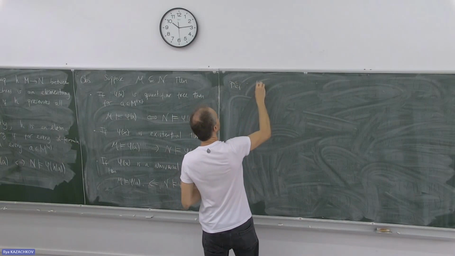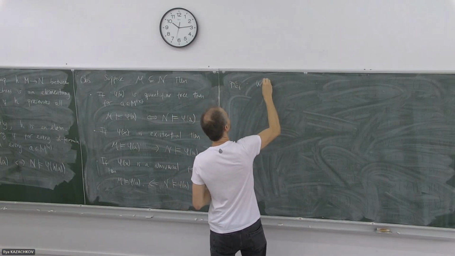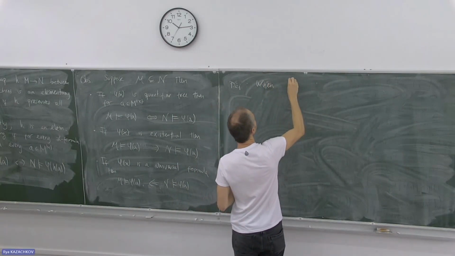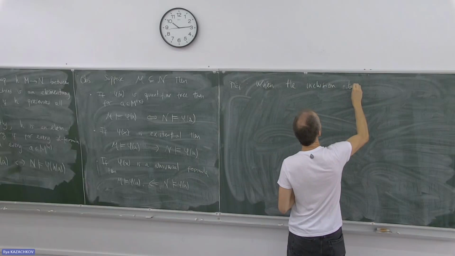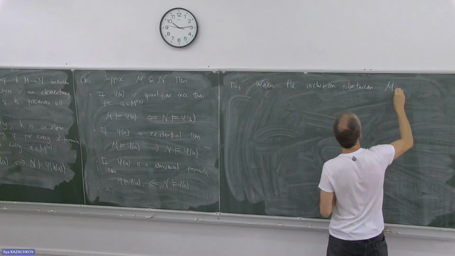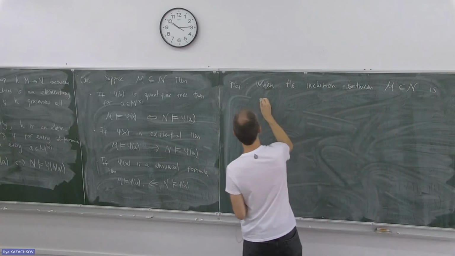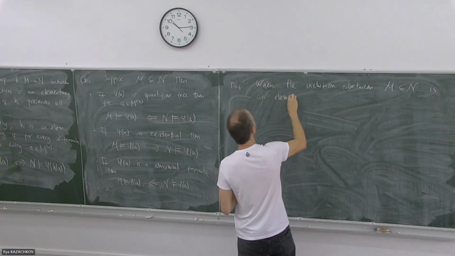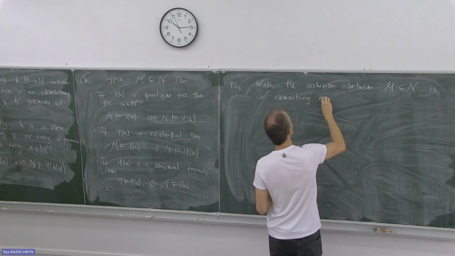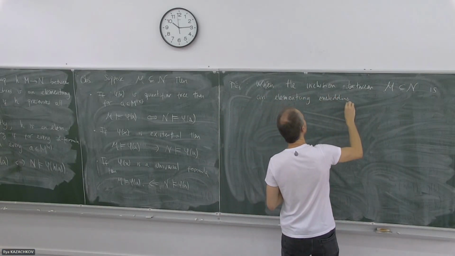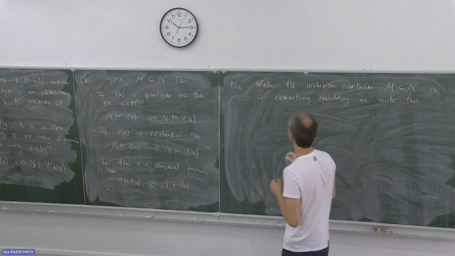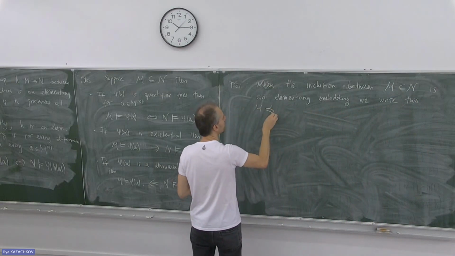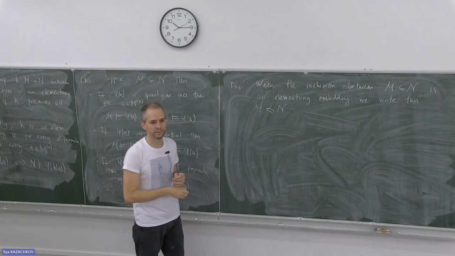So definition, when the inclusion between, let's say, M and N is an elementary embedding, we write this with this symbol. So we put this kind of curly relation symbol between both.